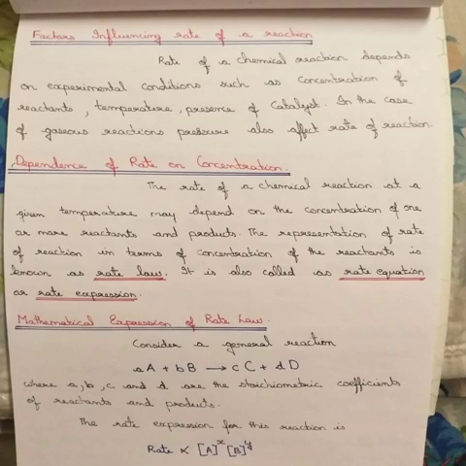So, we can write the rate expression as: rate is proportional to [A] raised to x and [B] raised to y. On looking at that expression, it is clear that the rate is proportional to the concentration of reactants, but the powers of concentration are not small a and b. Here the powers are small x and y.